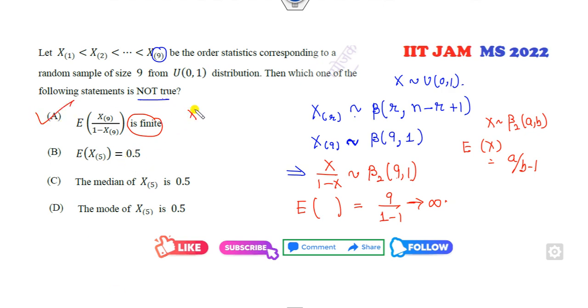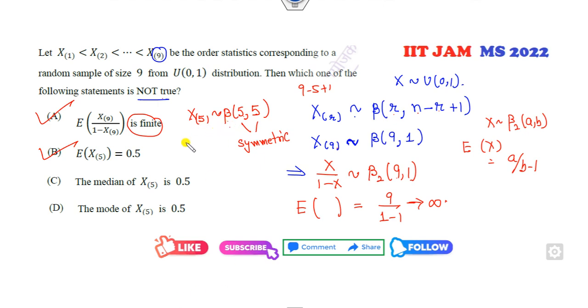What is the E of x5? So firstly, what is x5? Beta distribution of 5 comma 9 minus 5 plus 1, so 5. So clearly you can see it's symmetric. Fine. Since both parameters are symmetric, the expected value will be 0.5.